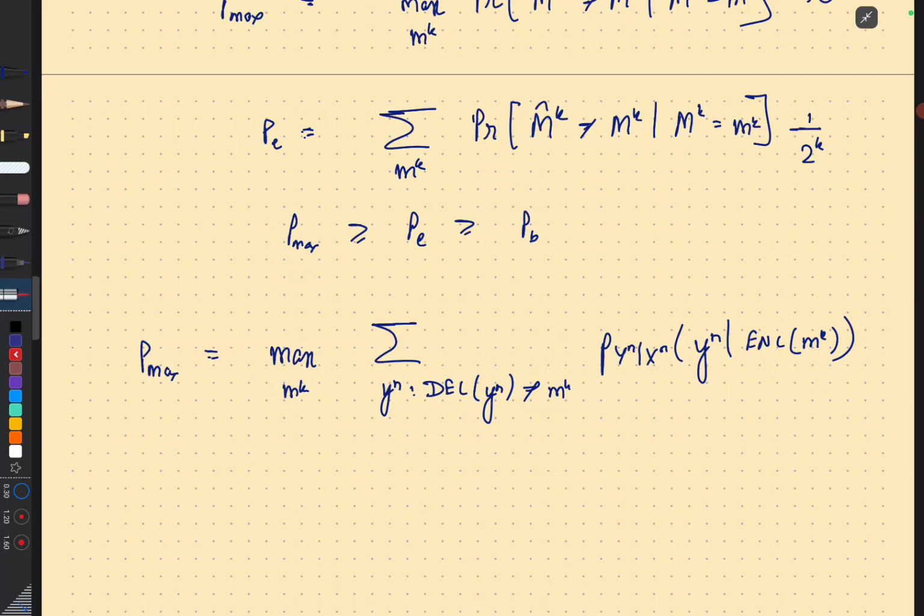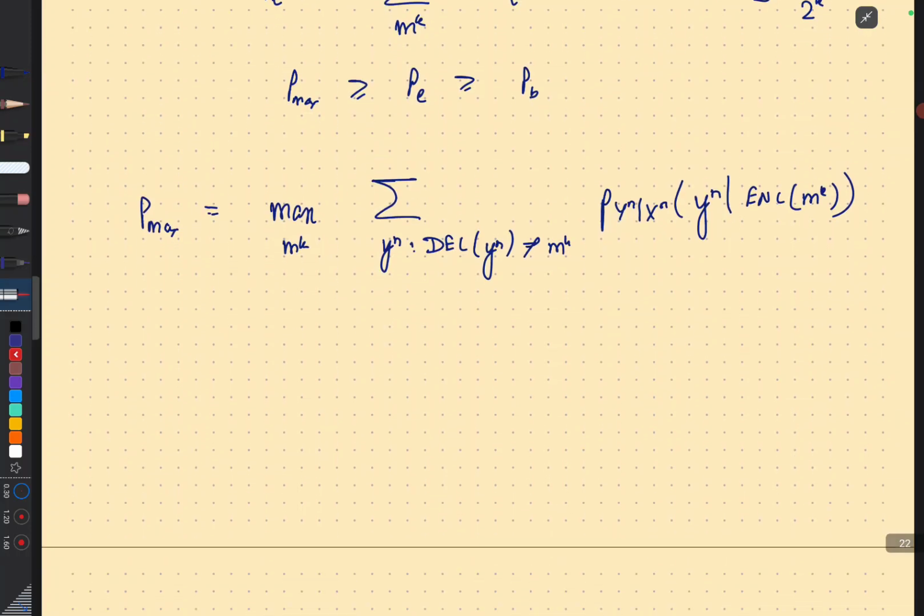Again, this is a very intuitive description, but we'll mostly be interested in the average probability of error. If you're interested in knowing more, you can look up the Cover and Thomas textbook. It has a small discussion about this maximum versus average probability of error. Any other questions?